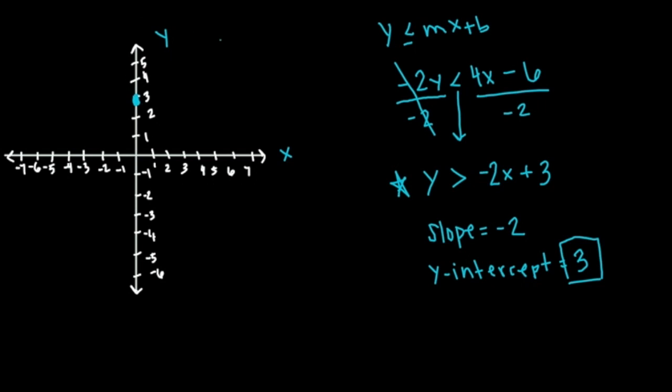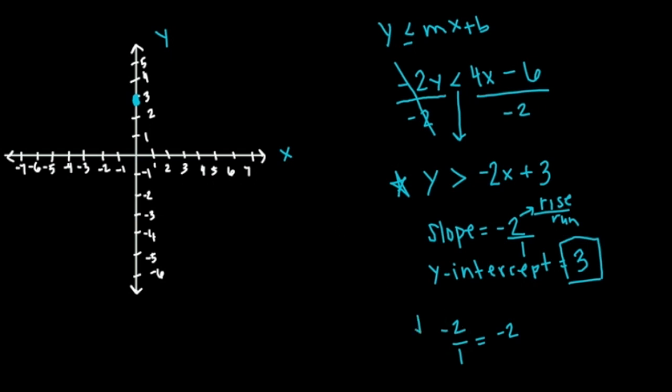Now my slope is negative 2, and again, you want the change in y over the change in x, or we say rise over run. So our rise would be negative 2. We're actually going to go down 2 because it's negative, and then we need to change this into a fraction. Negative 2 over 1 is negative 2, so our slope is the same if I put it over 1.